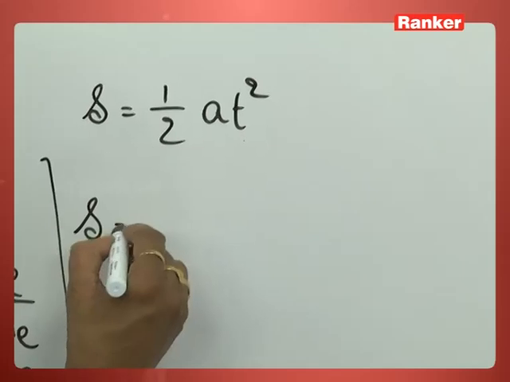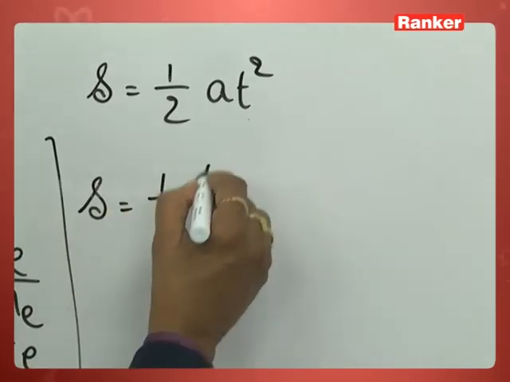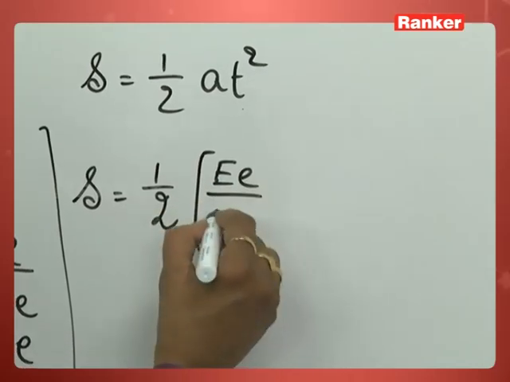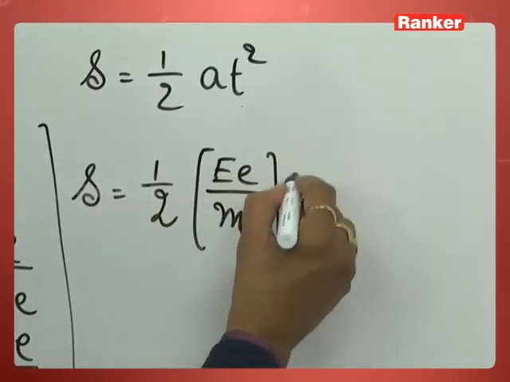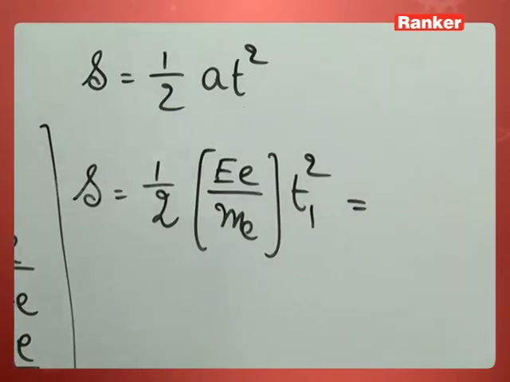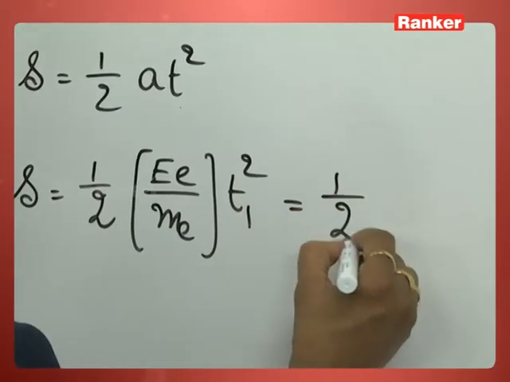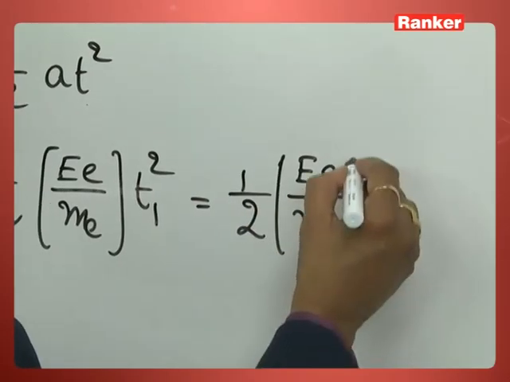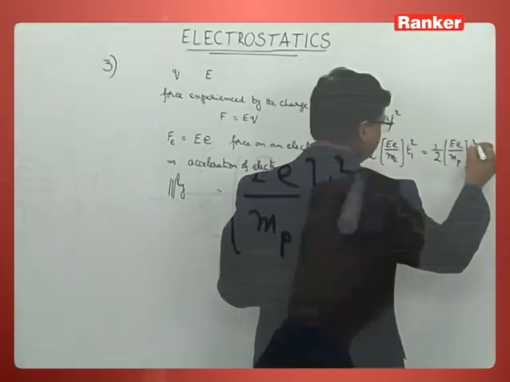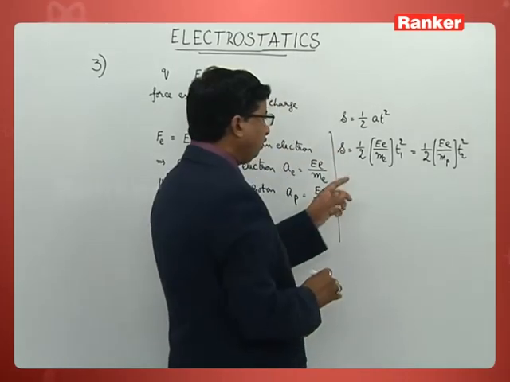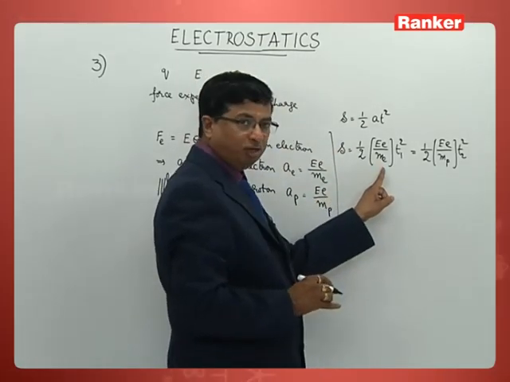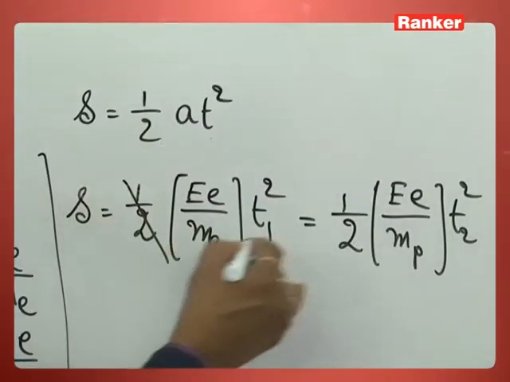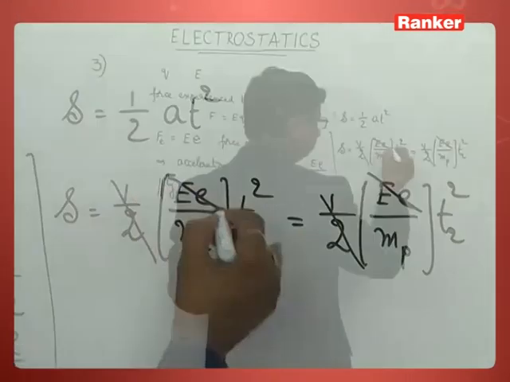So S can be written as half of, what is the acceleration of electron now? E by mass of electron into T1 square. That must be equal to half of E by mass of proton into T2 square. So the same distance is traveled by both electron as well as proton. You can cut the things over here which are common.